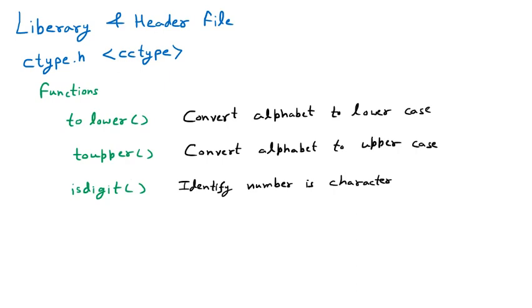It finds that out. If you enter a 1, it will easily tell you that 1 is a digit, it is not a character. So to identify whether a character is a number, that's why the isdigit function is available.